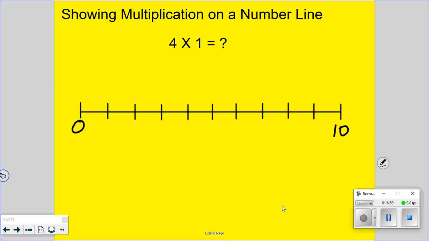Once you've got your number line drawn, start with the middle. Find where 5 is going to go and label it. Then you can label the rest of your numbers.